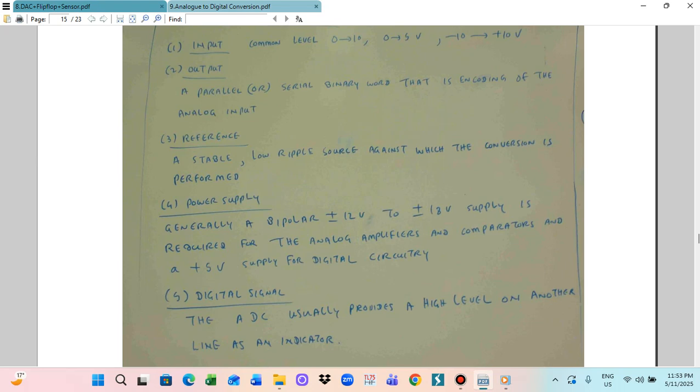For the power supply we can utilize a dual power supply, plus or minus 12 volt or plus or minus 18 volt. The digital signal is that the ADC usually provides a high level on another line. So those are the general characteristics.